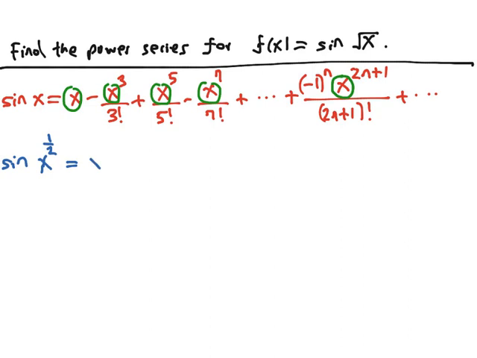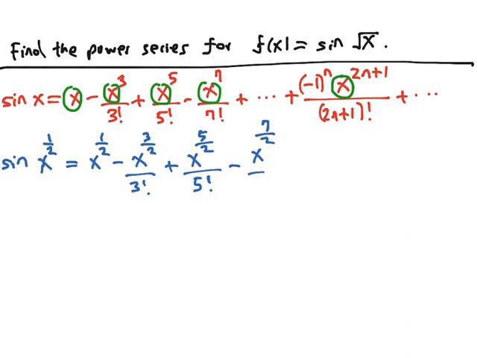So we will have x to the 1/2 here minus x to the 3/2 over 3 factorial plus x to the 5/2 over 5 factorial minus x to the 7/2 over 7 factorial.